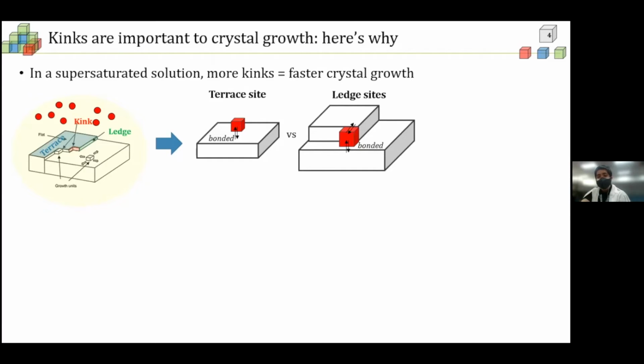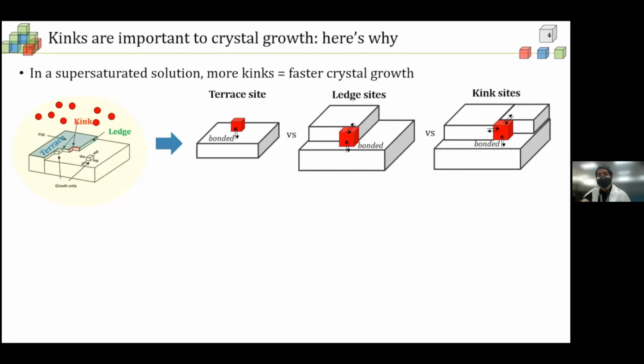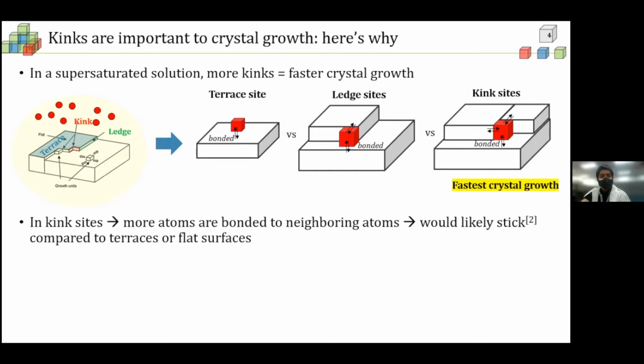Similarly on our kinks, these have three saturated bonds and likewise three unsaturated bonds. Therefore, it's really important that these kink sites are studied and determined for our crystal growth. This is the fastest crystal growth across all three areas of attachment. Given the three bonds there, atoms would likely stick compared to those in the terraces or on the flat surface, leading to additional crystal growth.